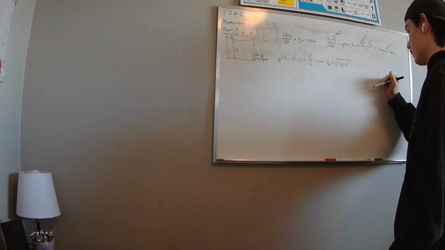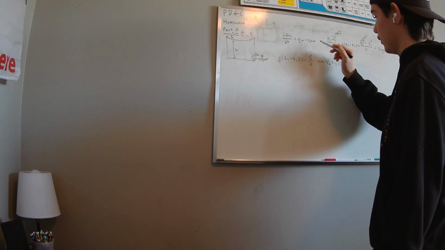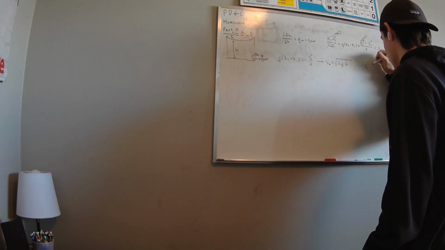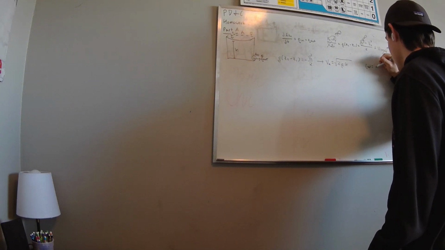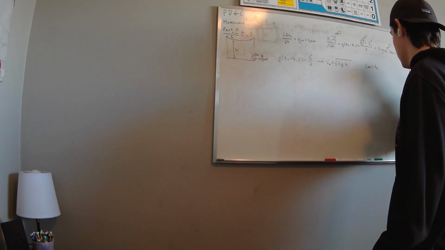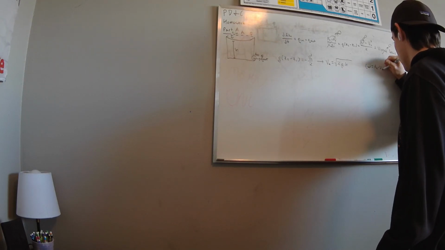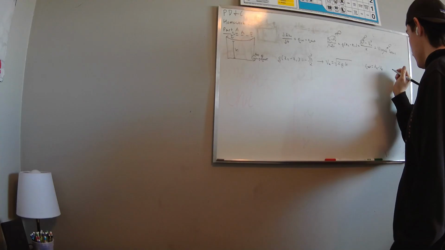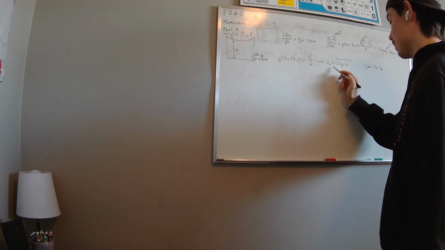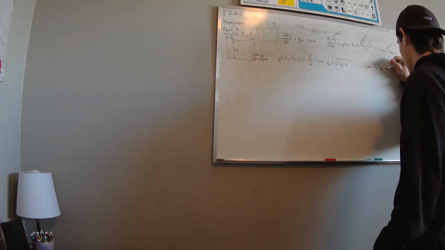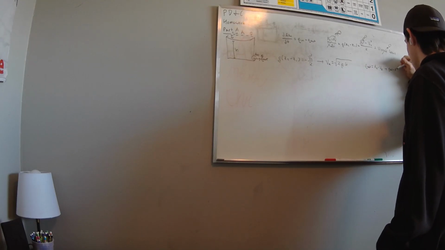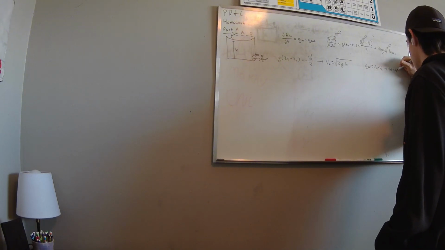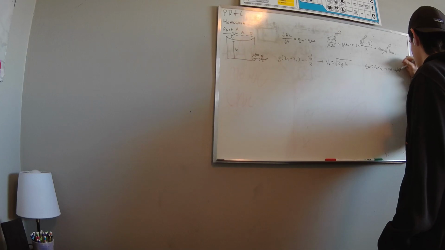Now from here, to get our volumetric flow rate out, we multiply the area of the drainage hole, A naught, times V2. And if we sub in our equation here for V2, we get Q out equals A naught times the square root of 2GH.